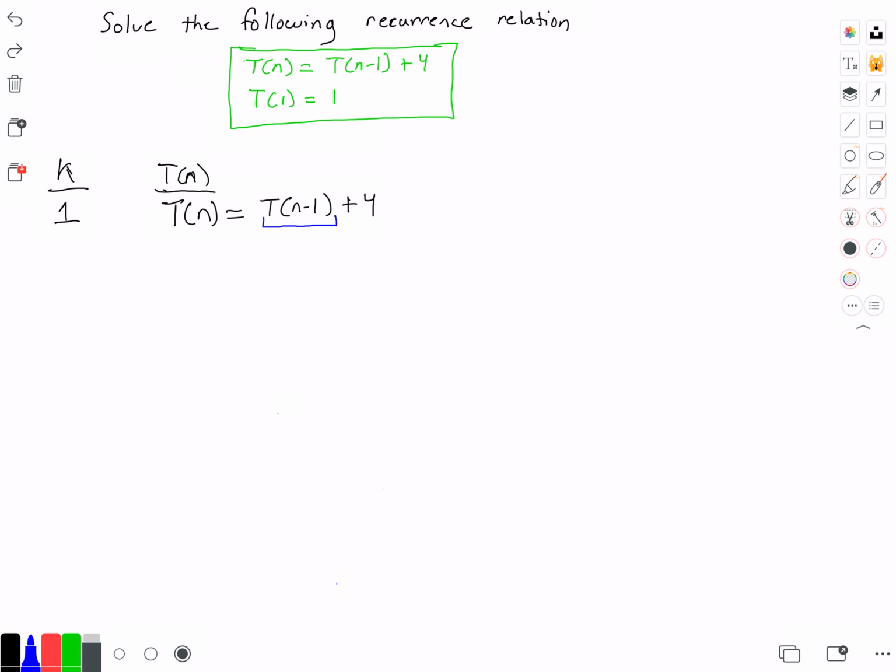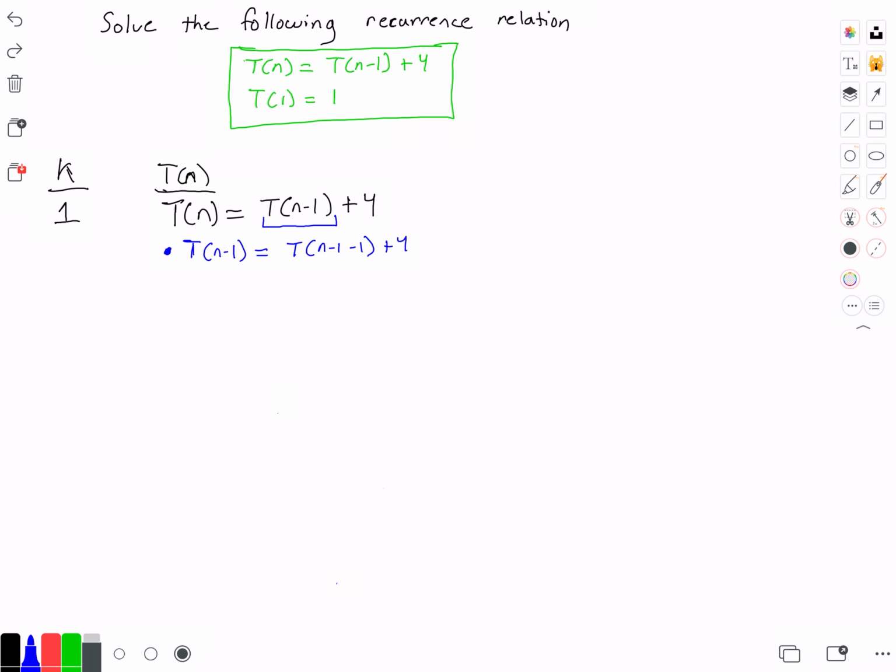Okay, so I'm going to write it in blue here. I'm going to put T of n minus 1 is equal to T of n minus 1 minus 1. And again, all I did was plug in n minus 1 for n into our original function, and then plus 4.